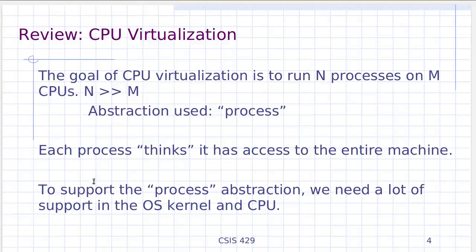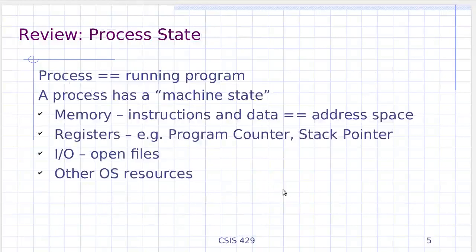How does the operating system support this abstraction of a process? There's a lot of support in the kernel and in the CPU to support this. One of the things we saw earlier was that every process has a process state. Remember, a process is just a program that is currently running, and each process has a state which includes all of the memory, which has instructions and data, and all of this is called address space.